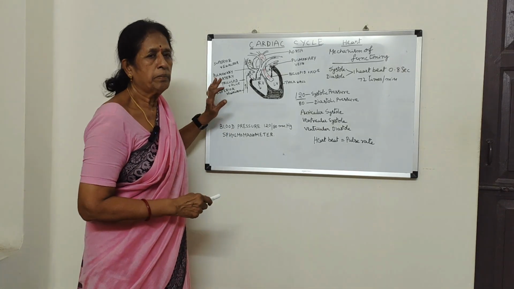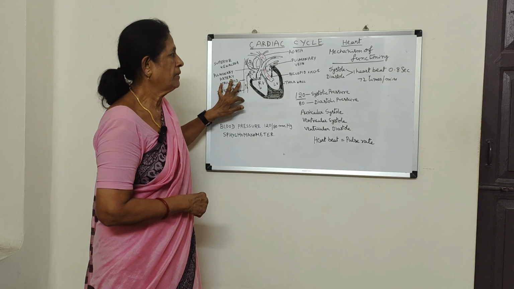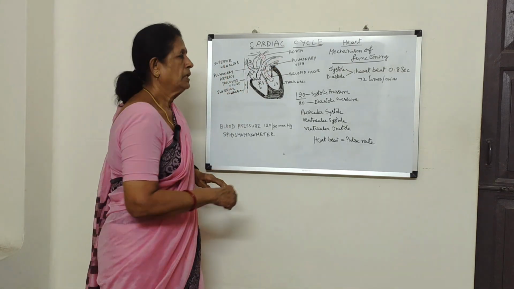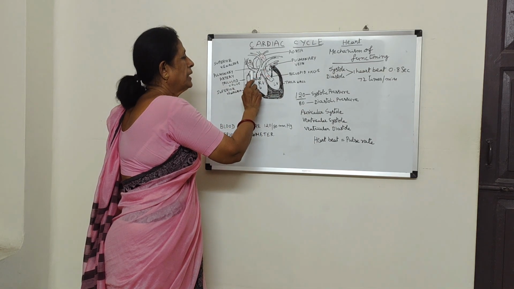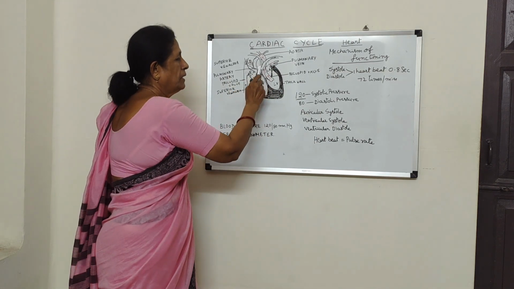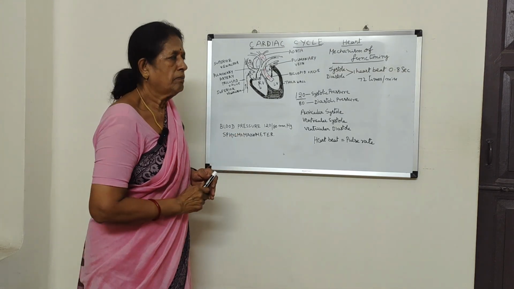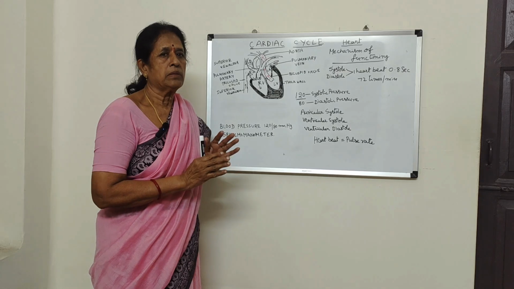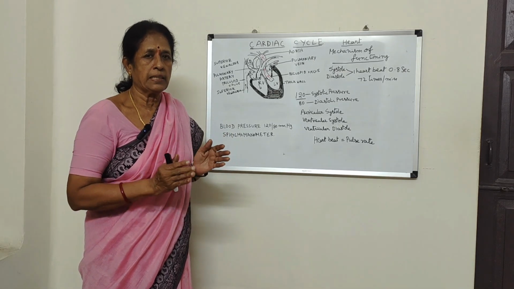The veins bring blood from all body parts, that is, the superior vena cava and inferior vena cava, and the pulmonary vein from the lungs. They enter the right auricle and left auricle, and the blood from the auricles goes to the ventricles.